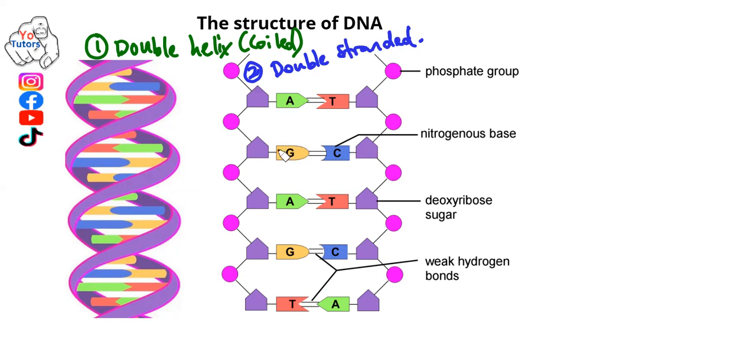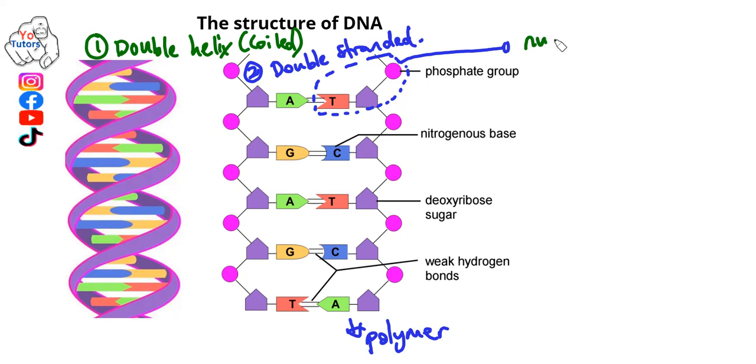As you can see, there's a long chain, and this long chain we refer to as a polymer. These here are the building blocks, and this building block we refer to as a nucleotide.